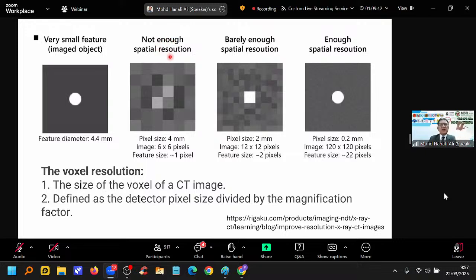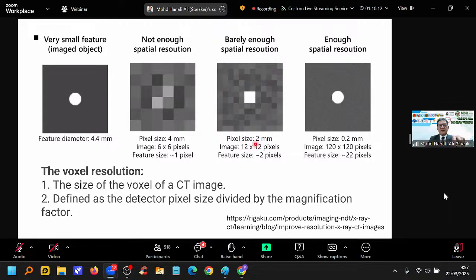If the spatial resolution appears like that, we can say that this is not very good, because we learned about matrix size, pixel size, everything, but this is about voxel. We just focus straight on the diameter here, 4.4. Then we use 4 here, meaning the pixel is a little bit smaller than the feature diameter. Then what we get is something like this.